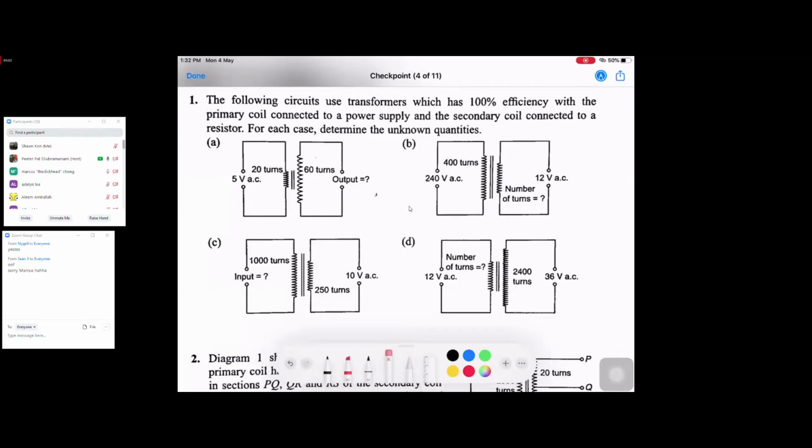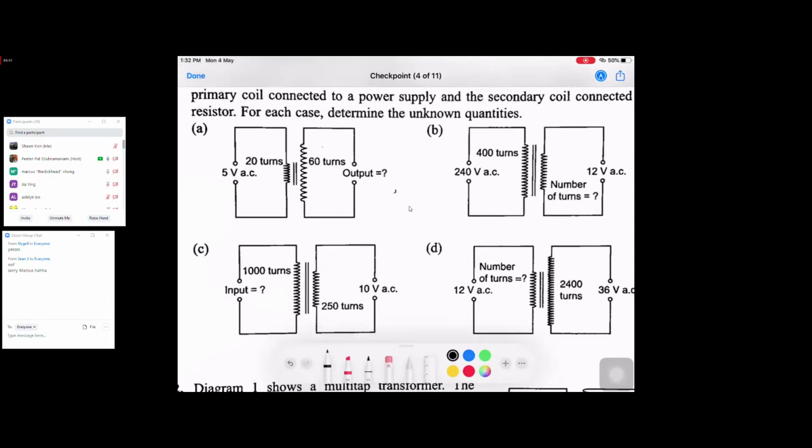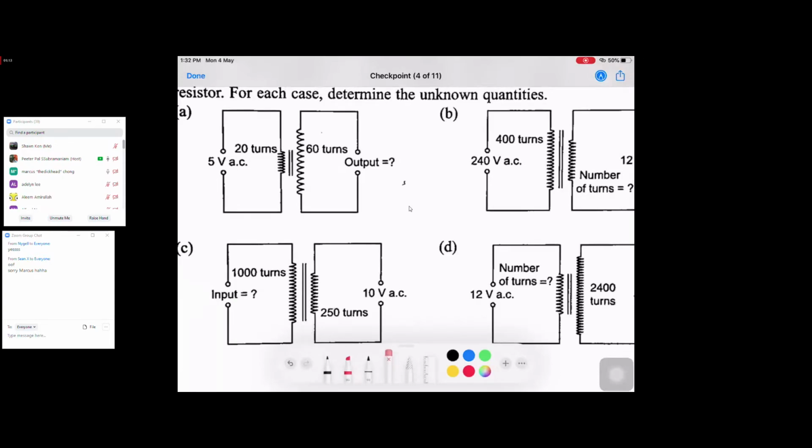Okay, let's start with the first one. For each case, determine the unknown quantity. So first one here, we have the number of turns. Primary voltage over number of turns in primary equals secondary voltage over number of turns in secondary.